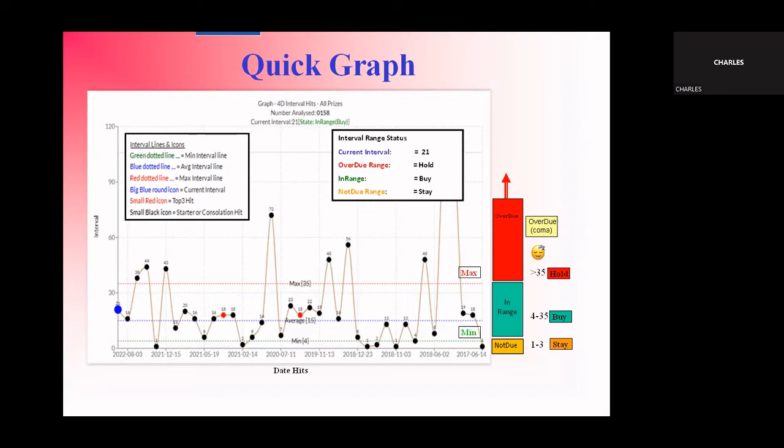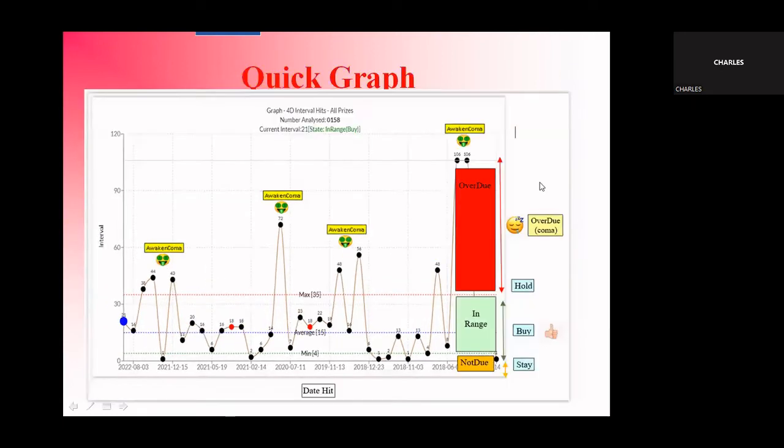Now before that, I'd like to explain, or rather define, what is awaken from coma. Okay, so let me just give you a definition before I go on. Give me a minute.